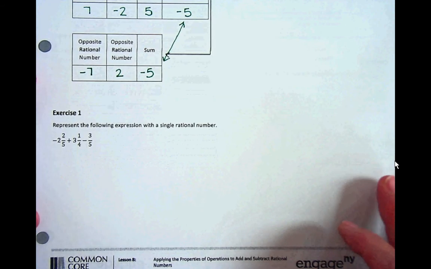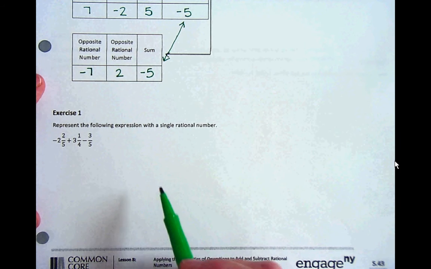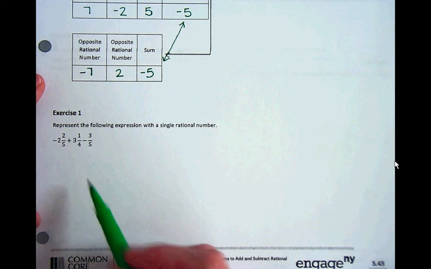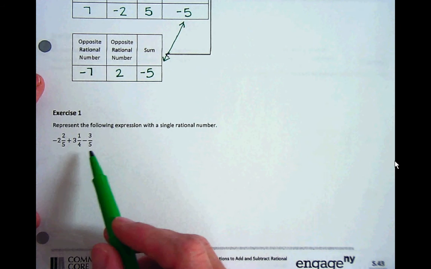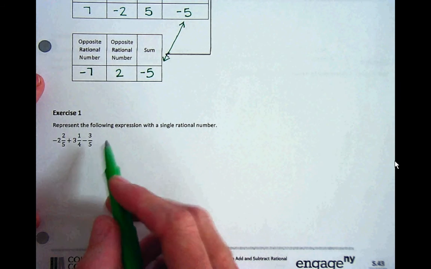So for our first example, let's take a look at this rational number expression: negative 2 and 2/5 plus 3 1/4 minus 3/5. We're going to solve this two different ways. First, we're going to keep everything the same and solve it from left to right. If you remember correctly, the first thing we need to do is come up with a common denominator. In this case, it would be 20.